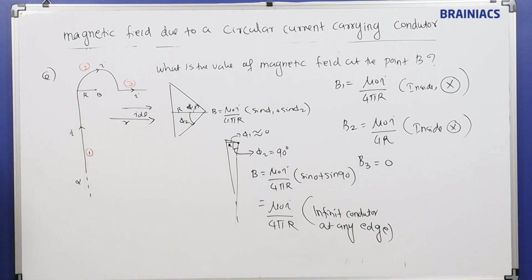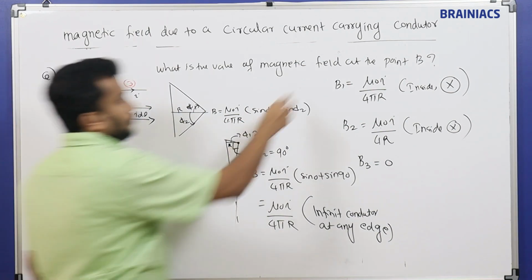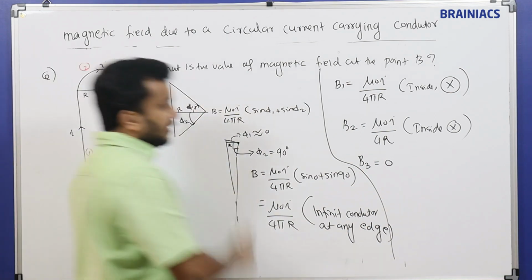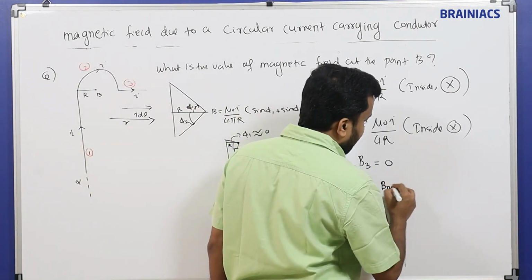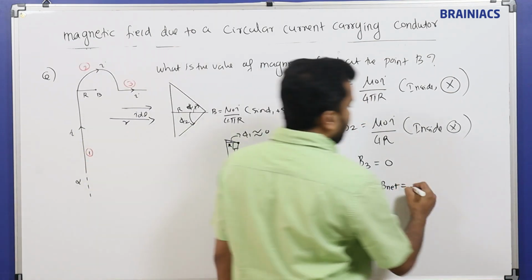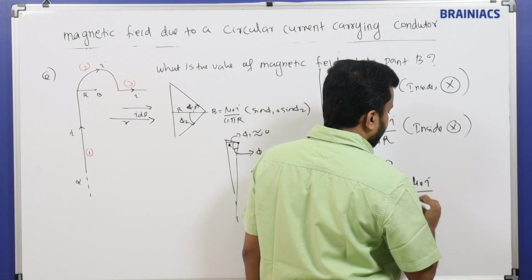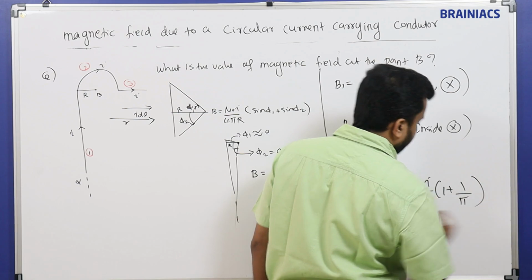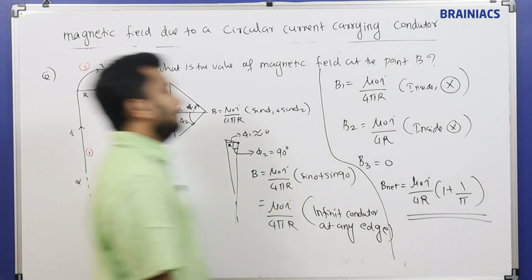So the total magnetic field is the sum of these 3. Both are inside, so you can directly add. Total magnetic field B net equals mu 0 I divided by 4r, which is common, into (1 plus 1 by pi). This is the answer for the question.